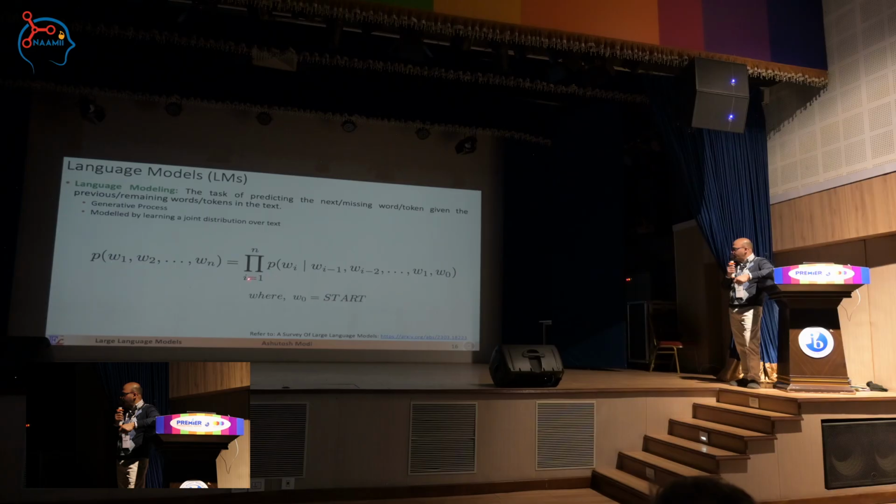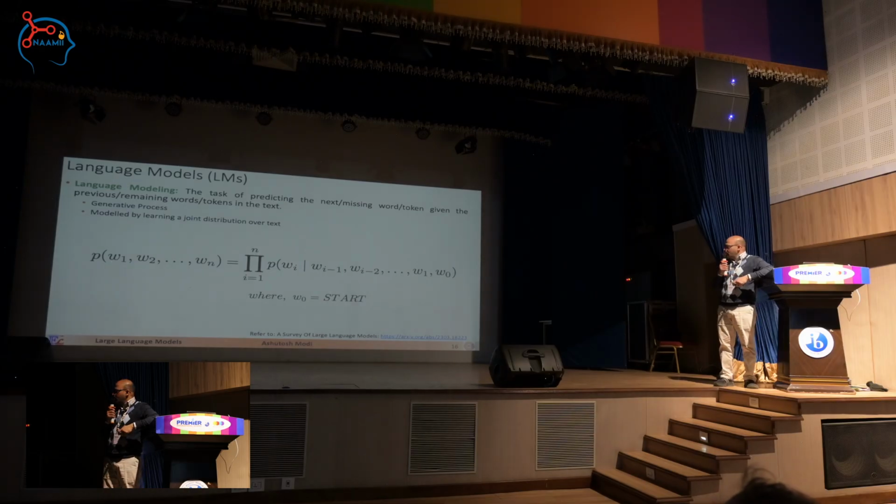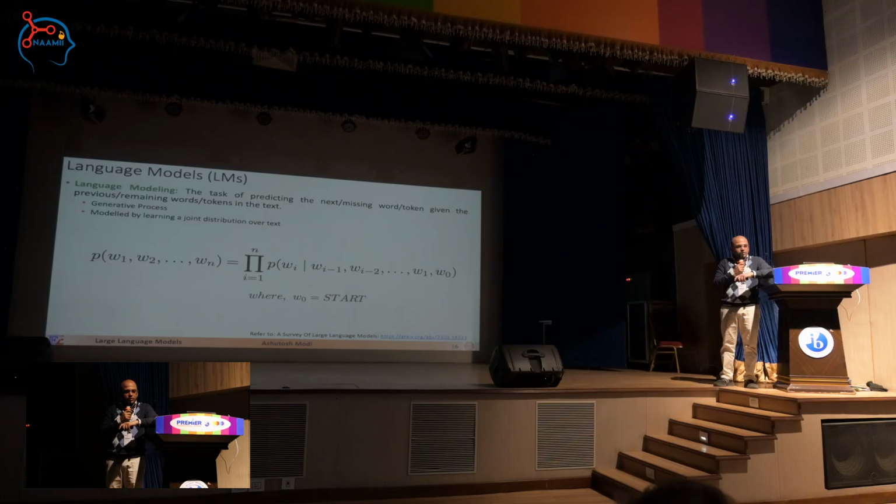The probability of the word at the ith position is conditioned on all the previous words that were there before, and obviously i varies from 1 to n. And you have to define some start symbol and all those things just to keep it mathematically consistent. So that's the task of language modeling. That's it, nothing more fancy.